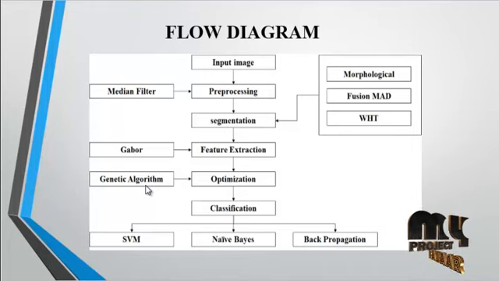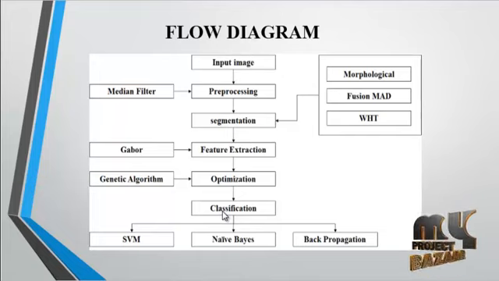After the feature selection method, the feature classification is carried out. In the feature classification method, three inputs are given to the classifier: test feature, train feature, and the targeted labels. After that, we use three main classifiers.